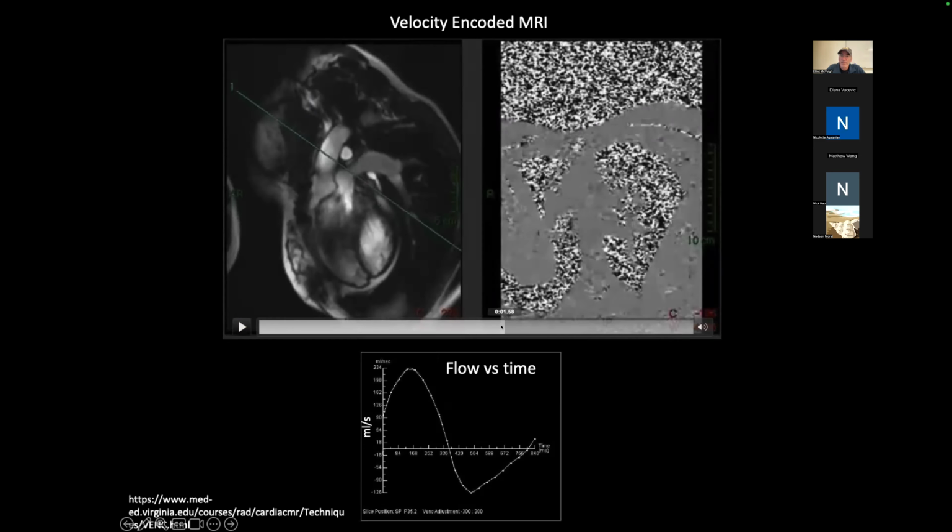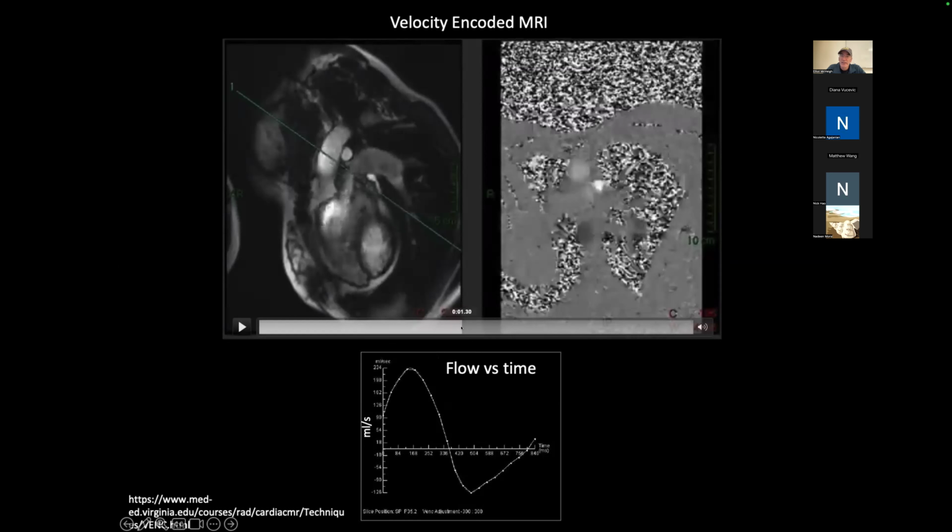When we look right here, the magnetization phase, because this bipolar pulse has been played, is 0, or the phase difference from where it started is 0 here, because this is static tissue, it's not moving, so the phase that accumulates is recovered by the negative lobe of the gradient.